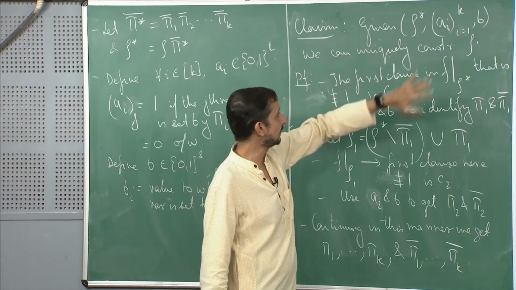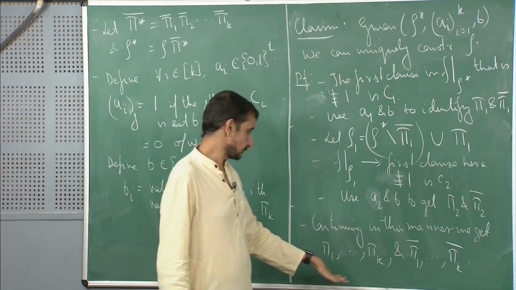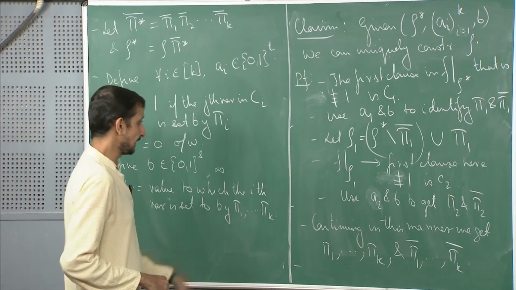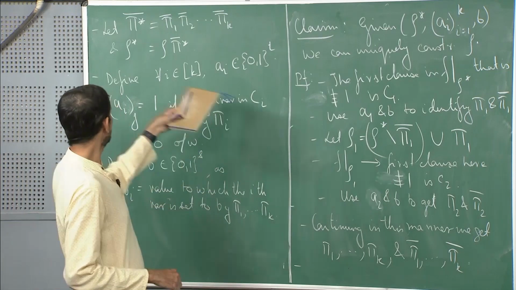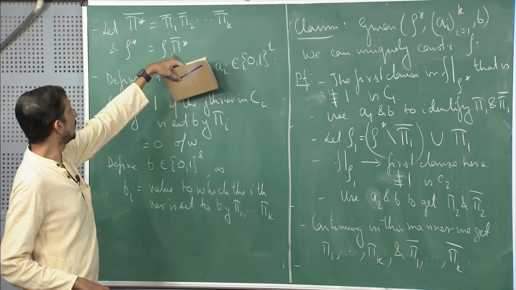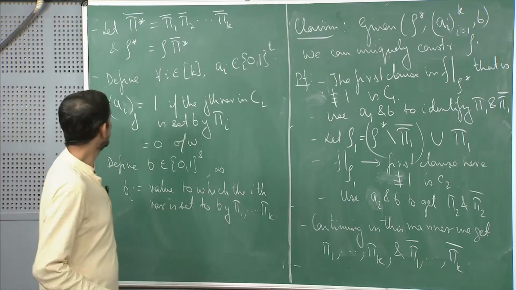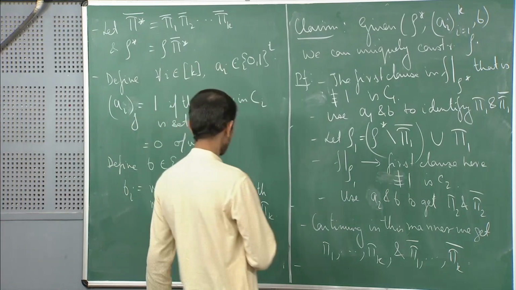So, given rho star, A i's and B, I can uniquely recover. So, I have gotten this. Now, I have all this. So, how do I get rho? I know all of this, I know rho star.